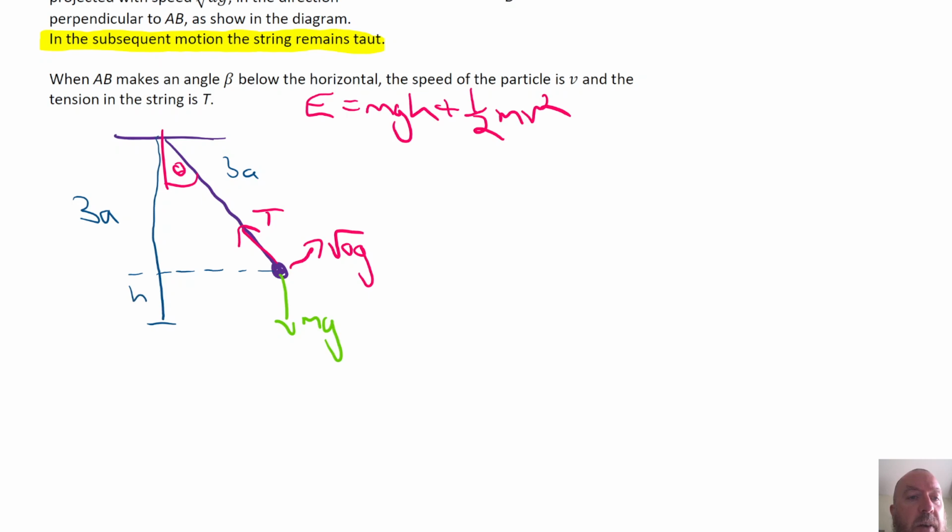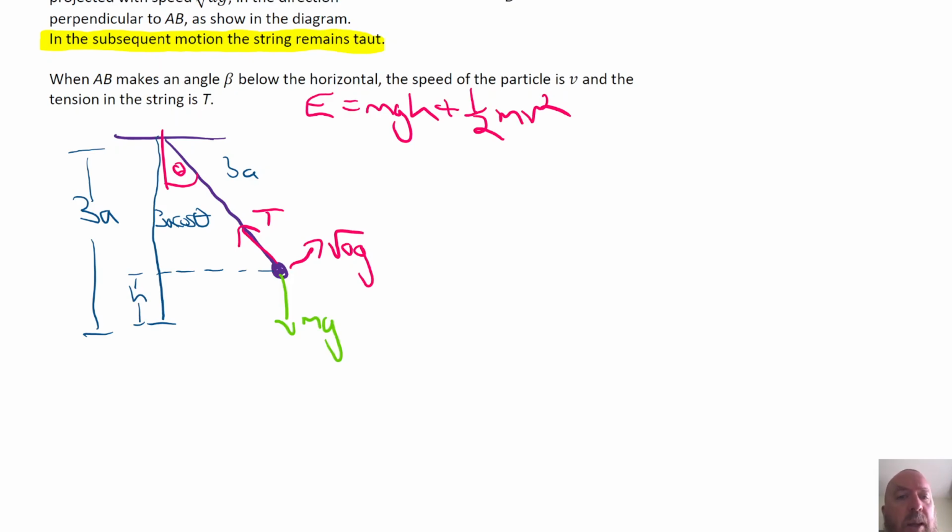This is our height above our equilibrium position. That's our potential energy, because we have no potential energy at the bottom of the swing, because the mass can't fall unless it is removed from the string. So that's our h. So the total is 3a. The side of that triangle is 3a cos theta.